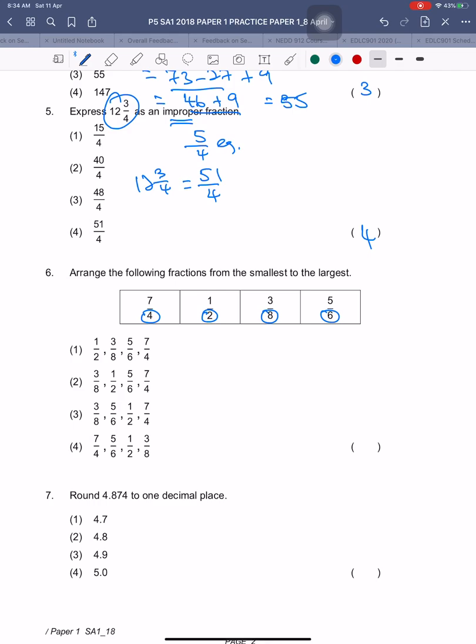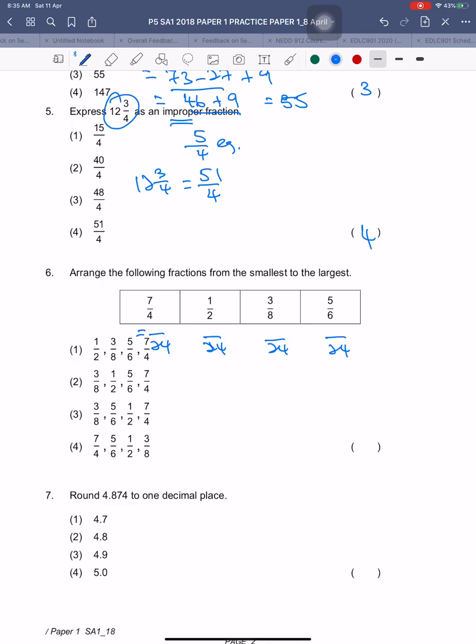Alright, if you list out all the multiples of 4, 2, 8 and 6, you find that the lowest common multiple of these 4 numbers is actually 24. So that is the lowest common multiple of all the 4 numbers, 4, 2, 8 and 6.